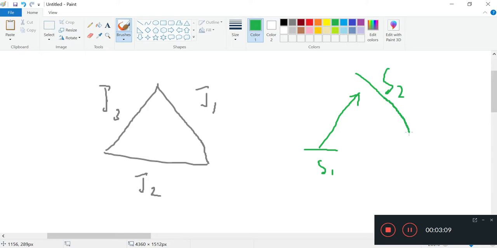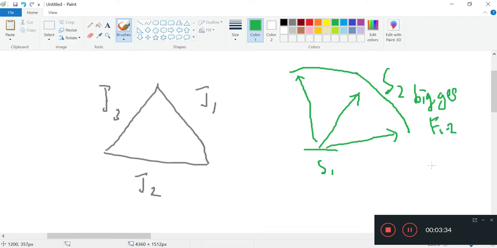If I enlarge S2, the view factor is bigger, because the solid angle from S1 to S2 is going to be bigger. So what does that mean? If there's a bigger surface or bigger view factor, F1 to 2, it means that the resistance to heat transfer from S1 to S2 is much less, right?